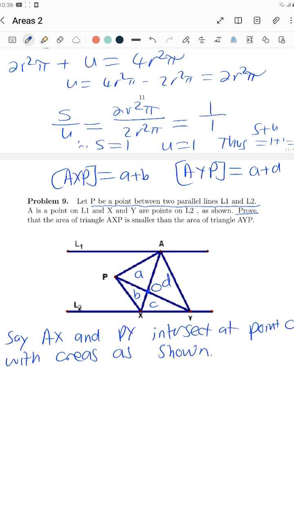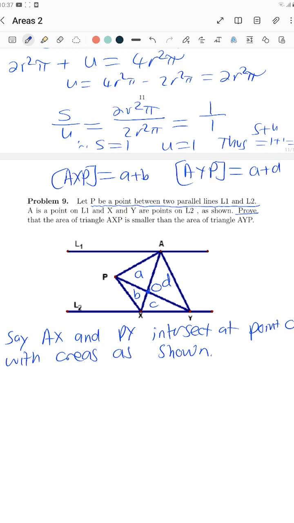Think about it a little bit, okay? So P is between the two parallel lines. We know we want to prove something about areas, so we have to be thinking in terms of areas. So we're going to be looking at shapes that can be useful in helping us to do this.